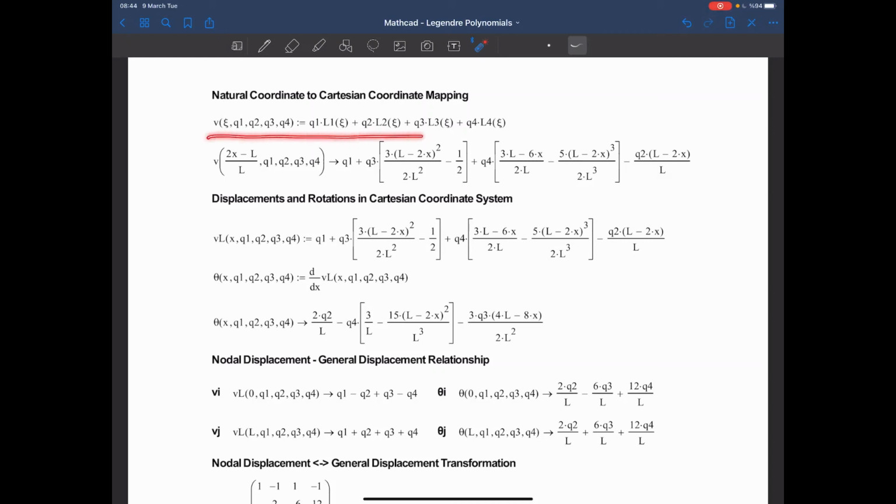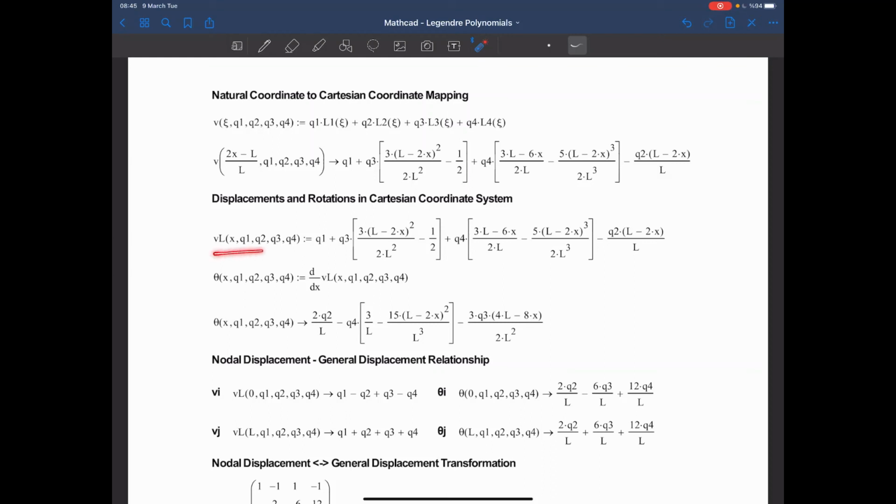This is our typical equation. I call these Q in this implementation, not D. Instead of psi, I put 2x over L and evaluate them symbolically. This is what I get. This is the equation represented in the Cartesian coordinate system.